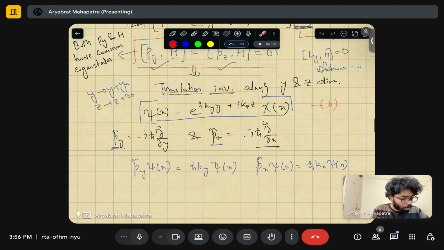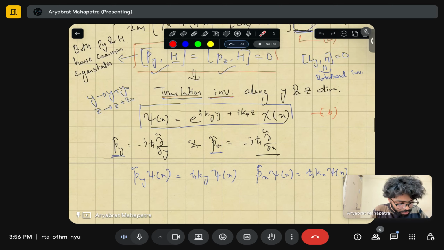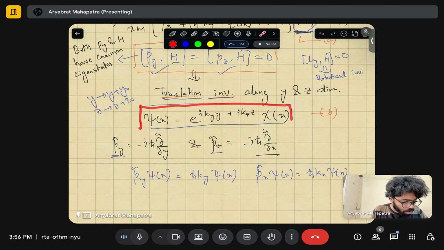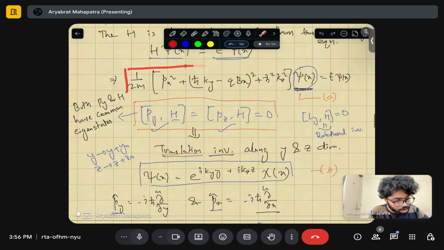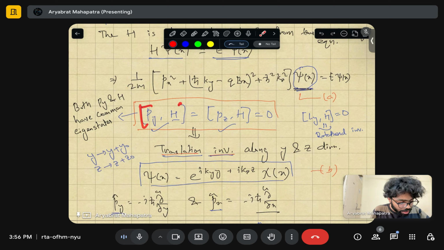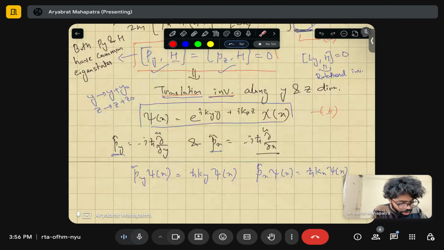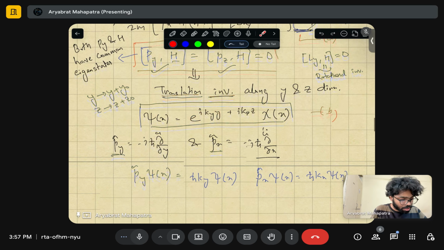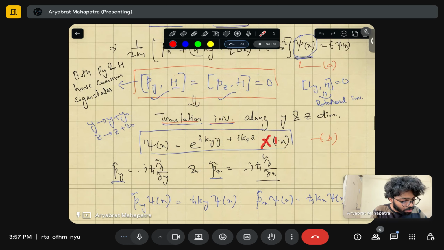Since the commutators of Py and H and Pz and H are zero, you can define your solution with the y and z part as a plane wave solution, exponential of i, and chi of x.